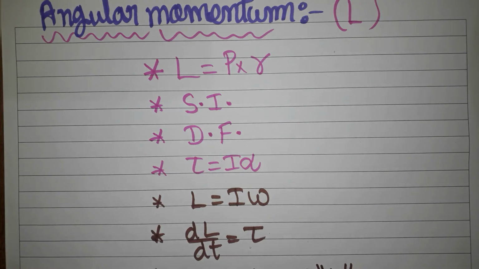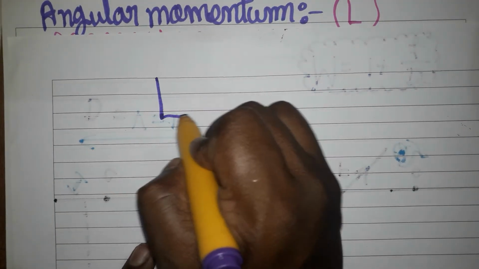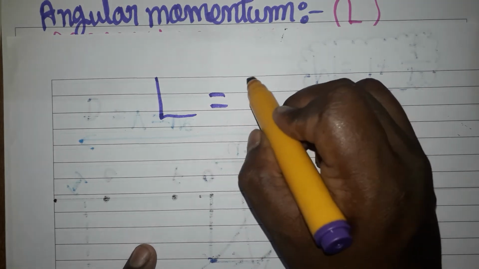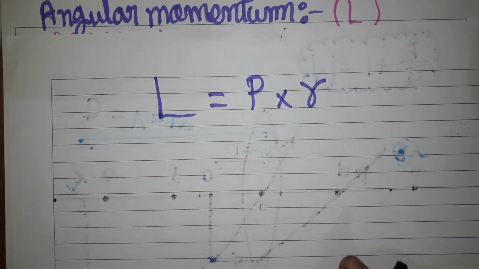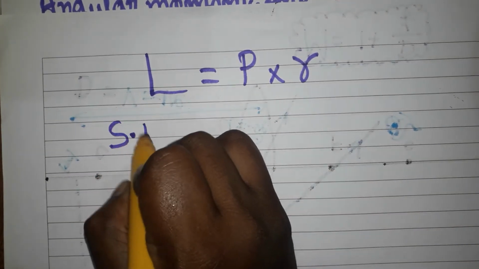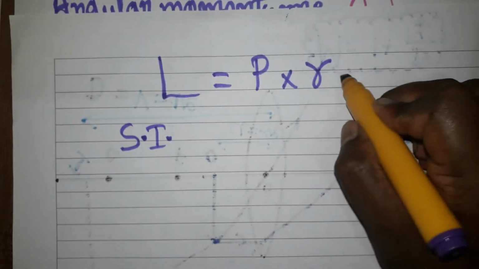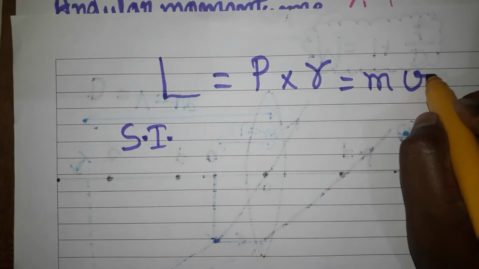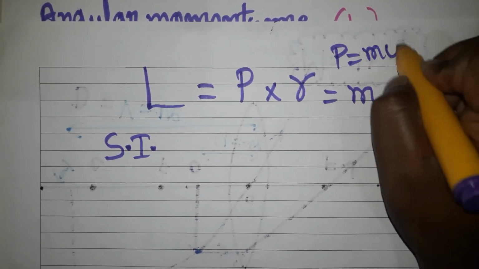First, angular momentum. What is angular momentum? Angular momentum is the product of linear momentum and radius. Now, the SI unit. What is the SI unit of angular momentum? Momentum is equal to mass into velocity, so angular momentum is m v r.